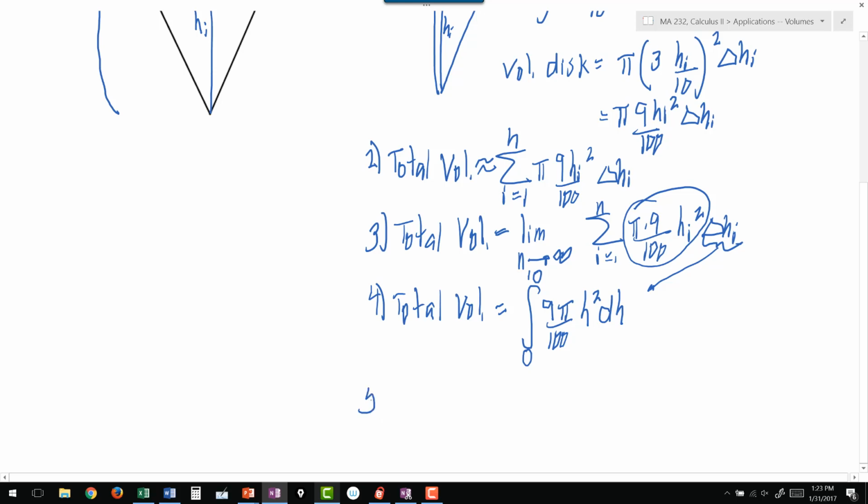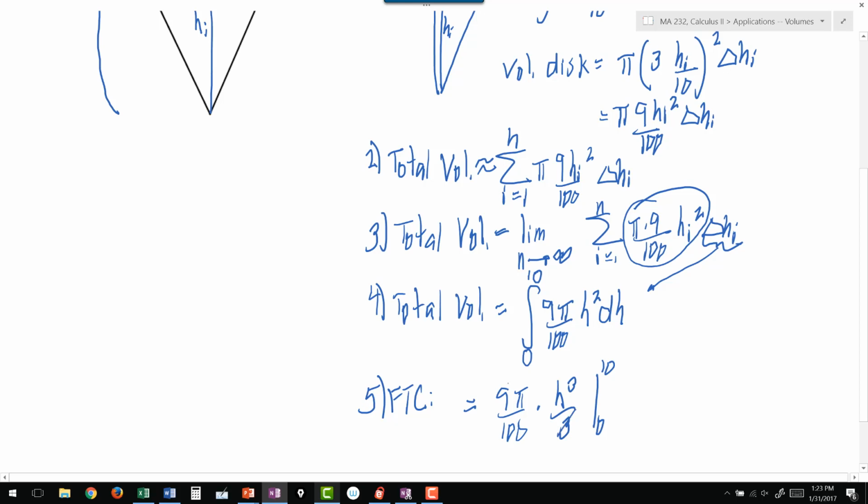Now that we've set this up, we use the fundamental theorem to actually evaluate the integral. The antiderivative for 9 pi over 100 h squared would be 9 pi over 100 times h cubed over 3, evaluated between 0 and 10.